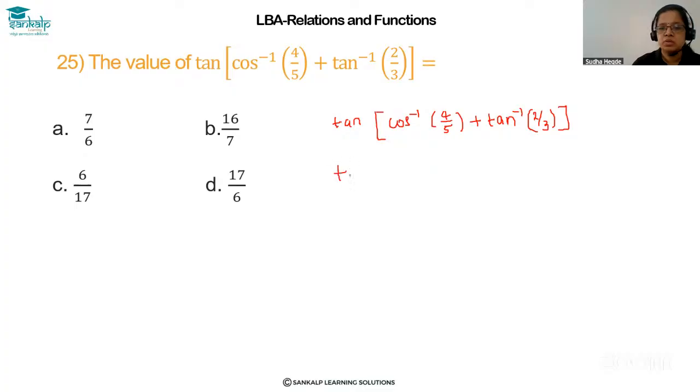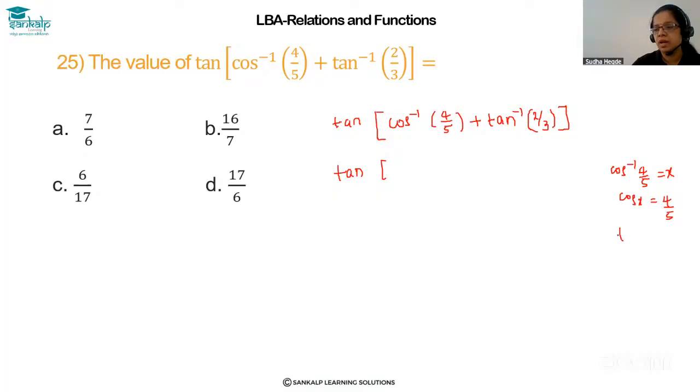Okay. So tan of, I am expressing cos inverse 4 by 5. Suppose if you take cos inverse 4 by 5 as x, then cos x is equal to 4 by 5. Adjacent by hypotenuse. Then opposite will be 3.